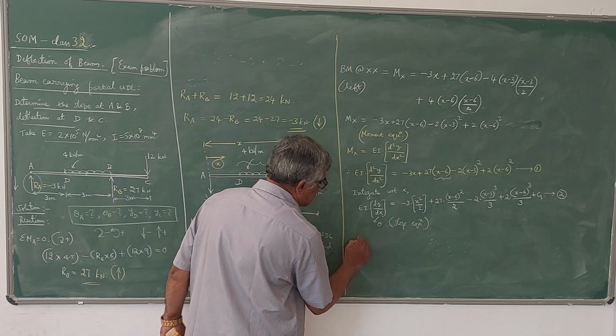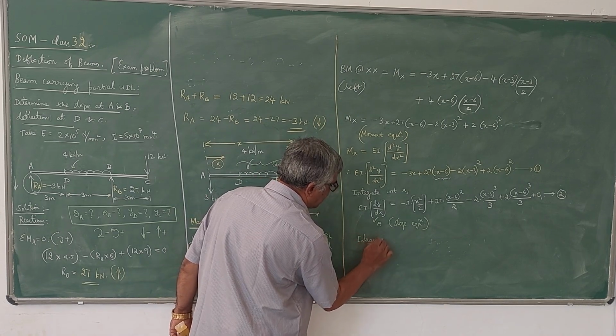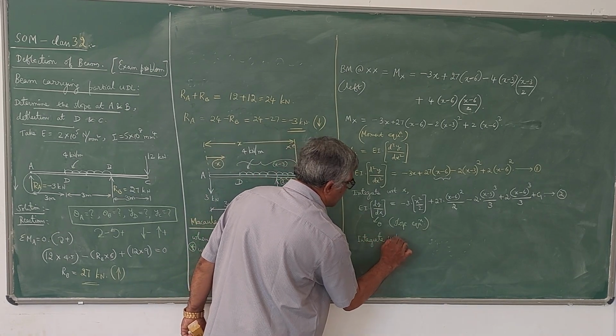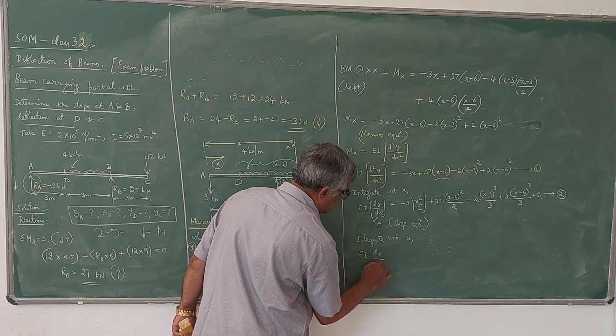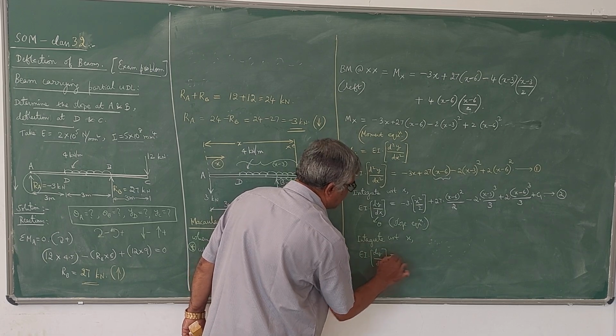Next, I will integrate with respect to x once again. So I will get EI into y. Integration of dy by dx is y.